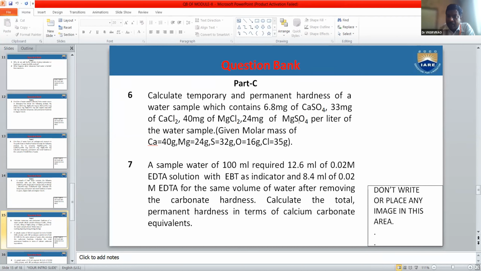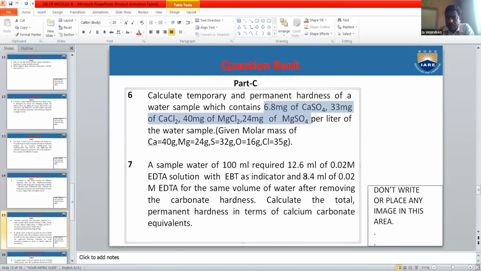from these salts, which are present in milligram quantities. The 4 salts, calcium sulfate, calcium chloride, magnesium chloride, and magnesium sulfate, are all given in milligrams and are converted into a ppm level by using the expression of the hardness in terms of equivalence of CaCO3. Now can anybody tell me what is the formula?